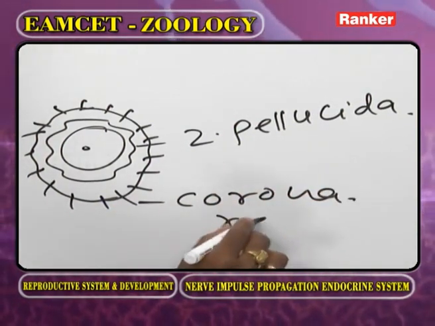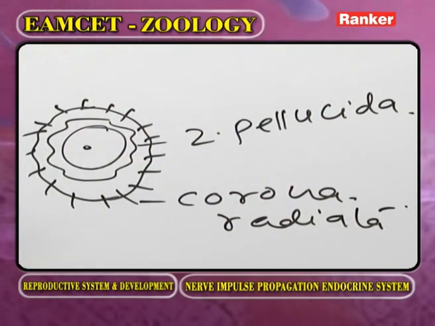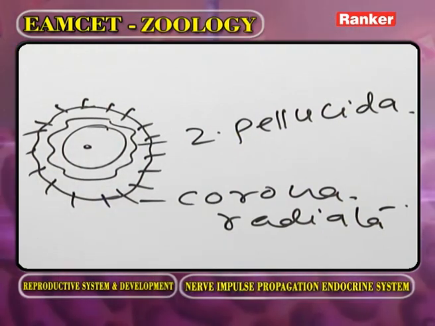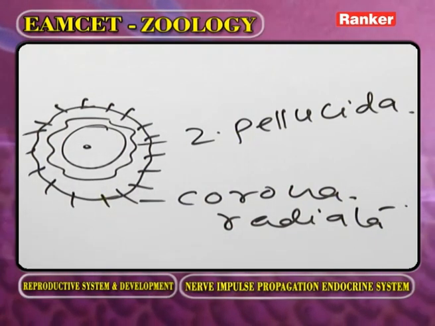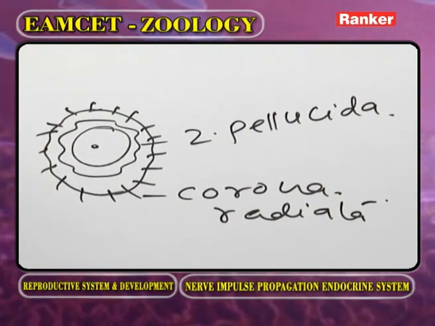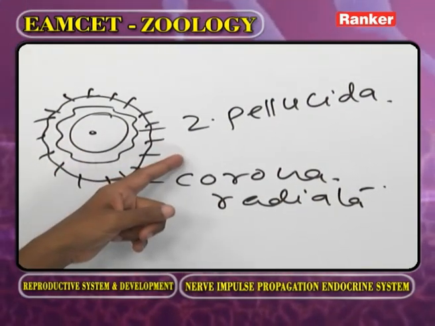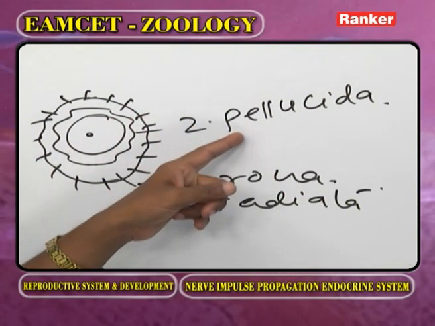Students, again you have to observe the ovum covered and protected by how many layers? 2. Outer layer is corona radiata. At the time of fertilization, this layer disappears. Name the layer that adheres to the ovum for a long period.